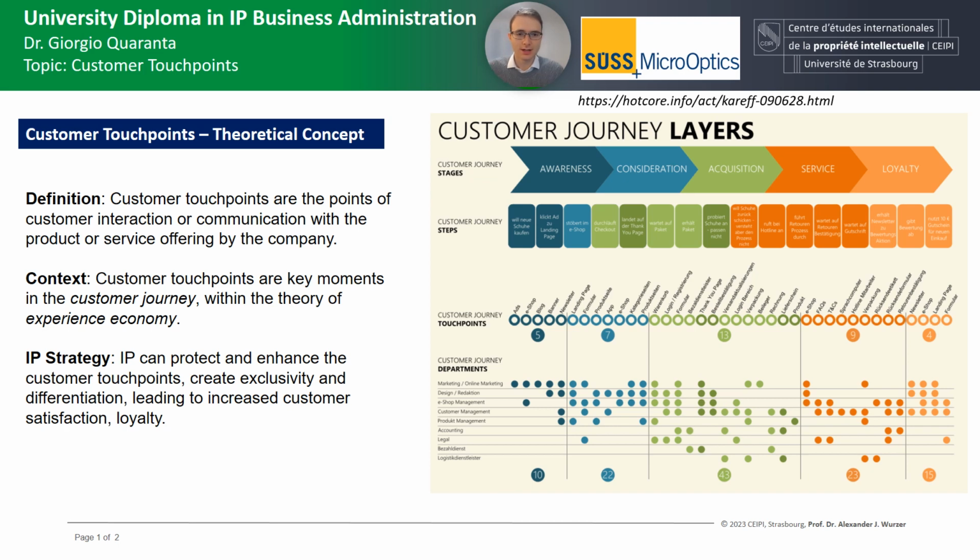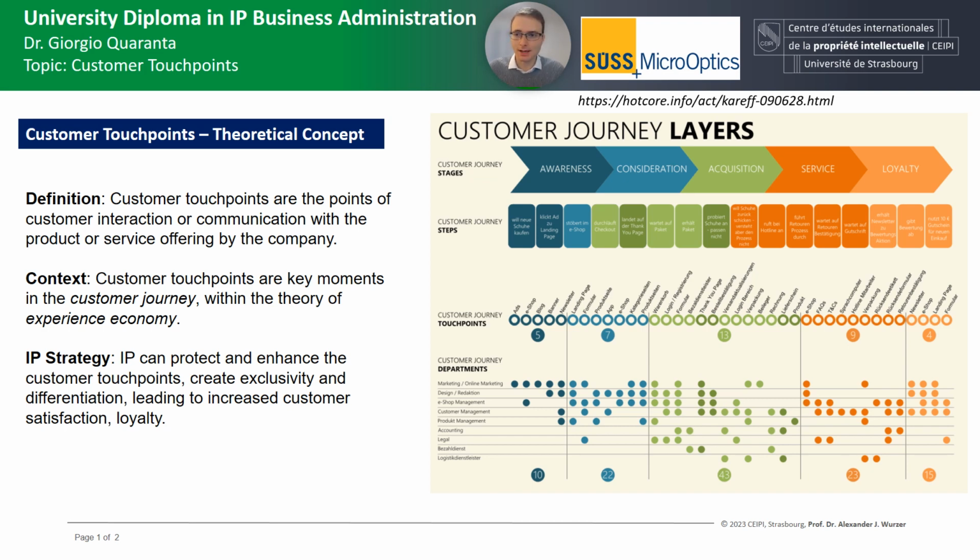There is no need to say that those customer touchpoints are key essential elements in those journeys, because they are the points of interaction. So having a high quality of interactions means, at the end of the day, having a high loyalty and a high satisfaction of the client to our company.